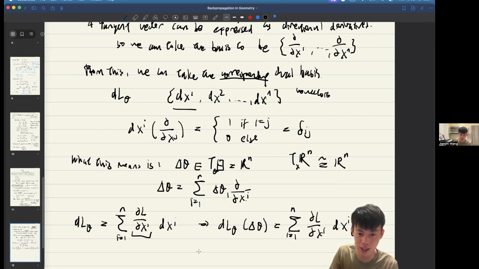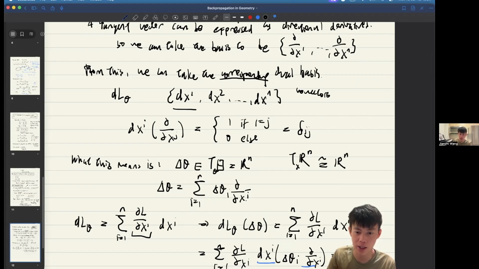We only care about the ith component, which is d theta i partial xi. And the scoring of the dual basis on the basis is just equal to 1, right? And it is linear, so we can take out the d theta i. This will be the summation of i equal to 1 to n partial L partial xi d theta i.